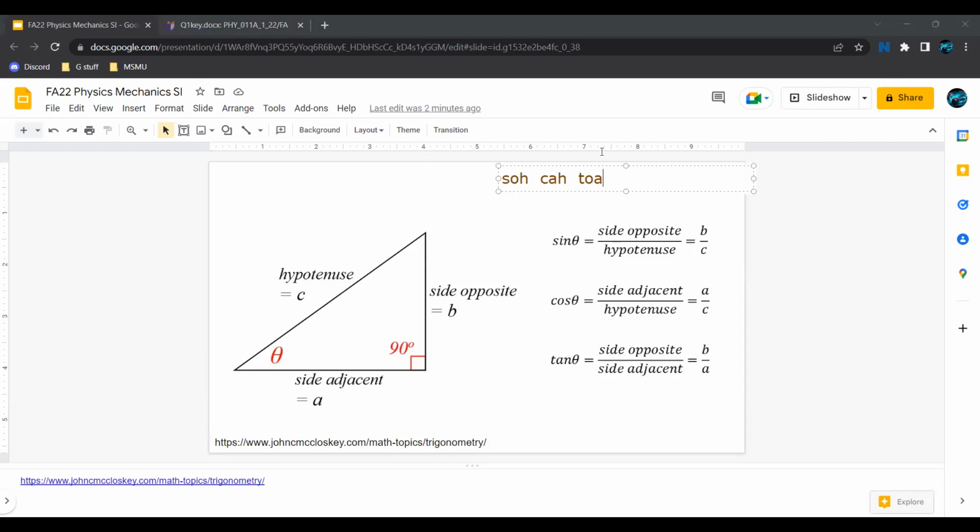CAH: cosine is equal to adjacent over hypotenuse.